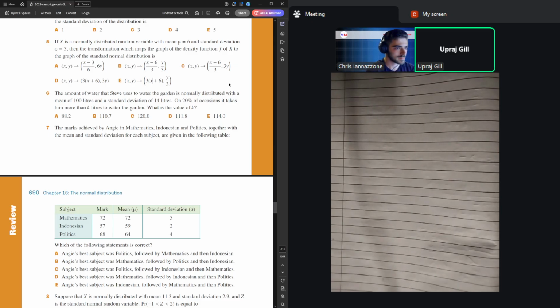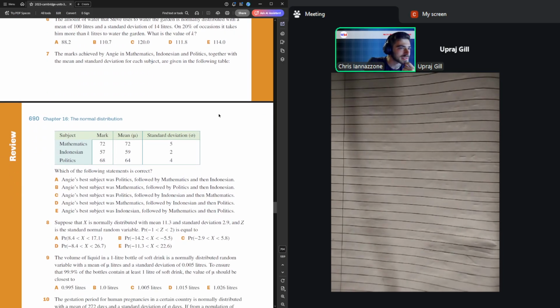Would I be right in saying that it's between B and C? Yep. I'm going to say C, because that looks like it'll cancel out the transformations. Yeah, it's perfect. When you multiply the Y by 3, because it was a denominator of 3, when you put it on the top, obviously those are going to cancel down. Nice and easy.